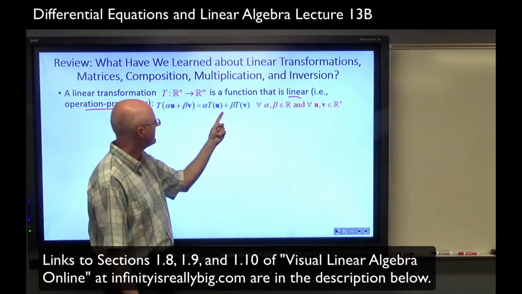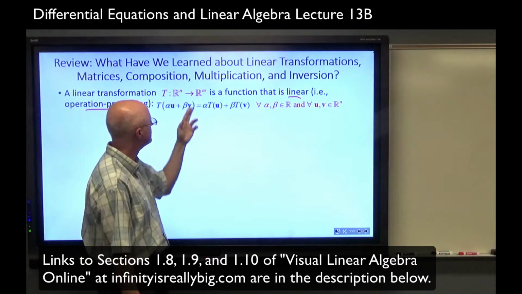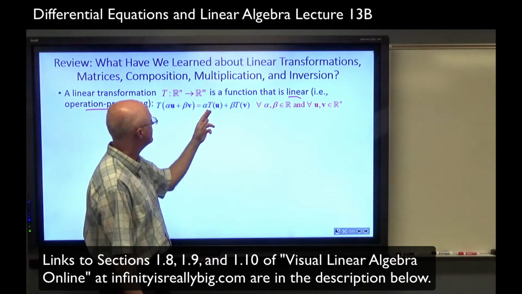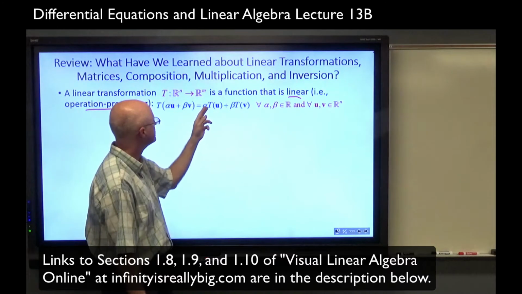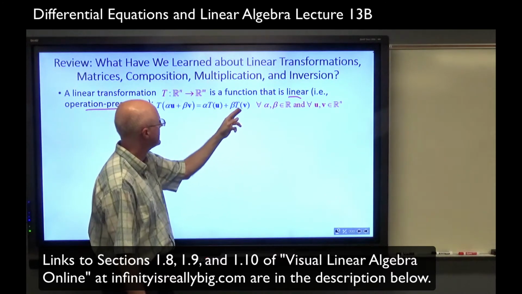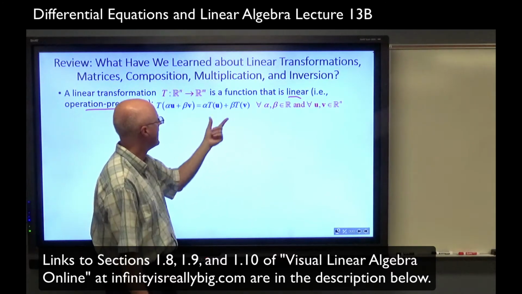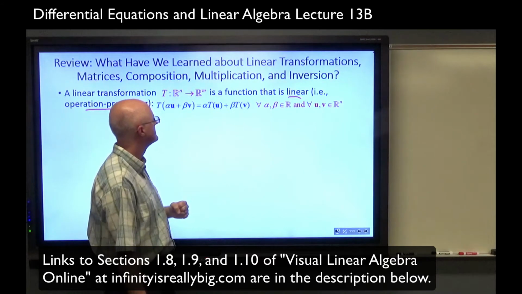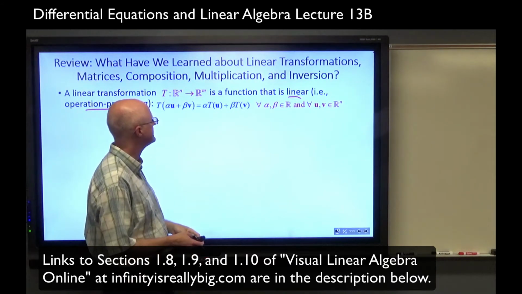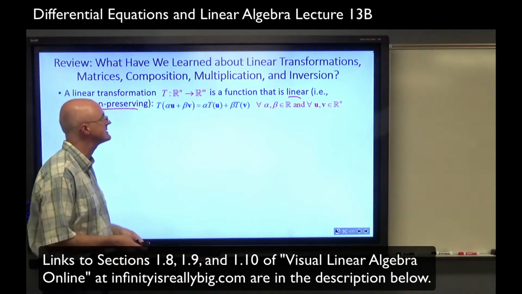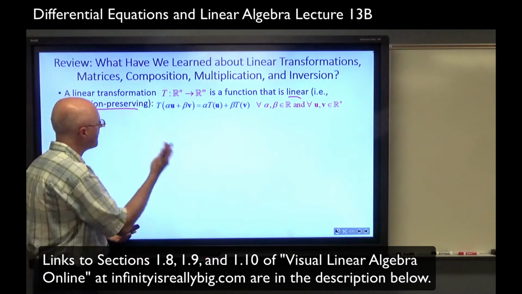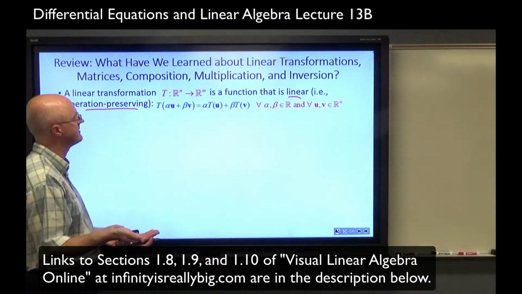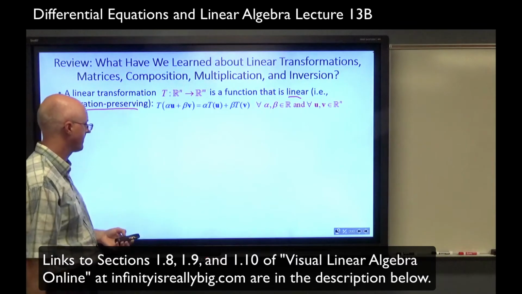But the plus sign here and the scalar multiplication there mean something different if m is different than n. You've got m-dimensional vectors over here, alpha times an m-dimensional vector, beta times an m-dimensional vector, and you're adding two m-dimensional vectors. So technically speaking, the plus signs and the scalar multiplications mean different things here. But those operations are being preserved by this function. That's why it's called operation preserving.